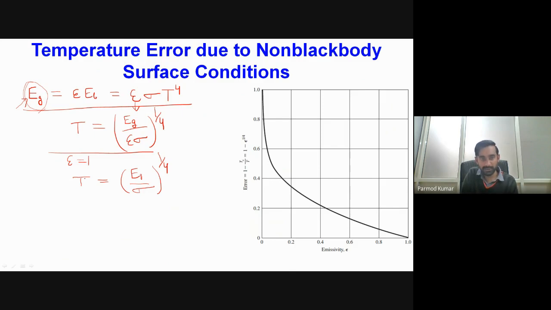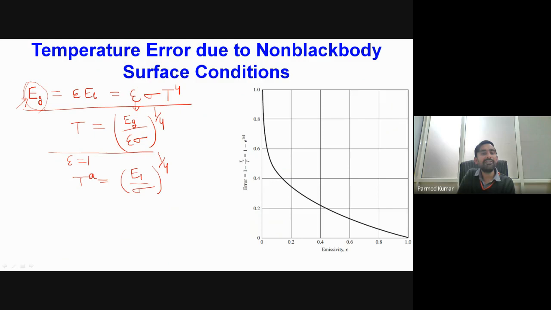Okay, obviously while considering this black body assumption, we will not get the temperature exactly identical to that of the actual surface. Rather, whatever temperature we get, we call this our apparent temperature, Ta.